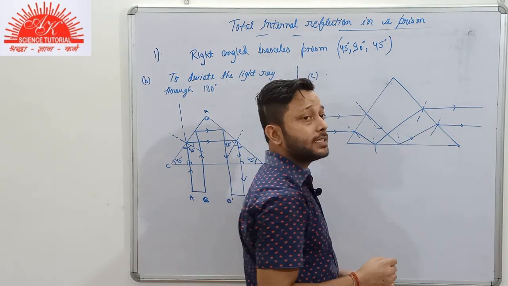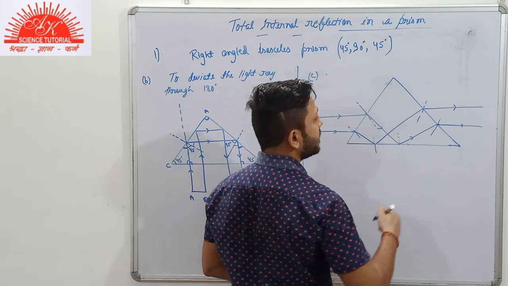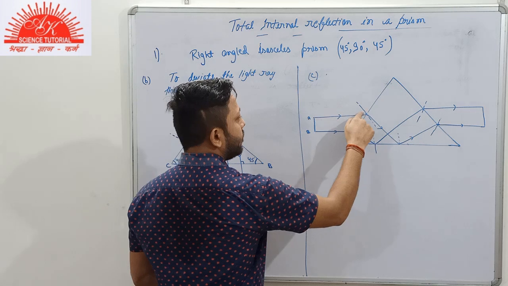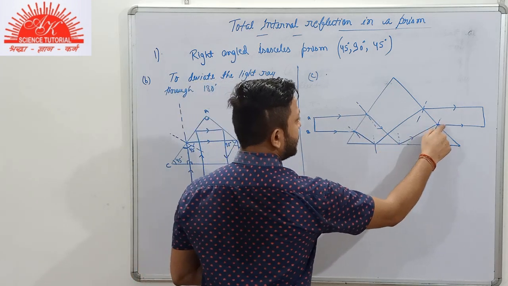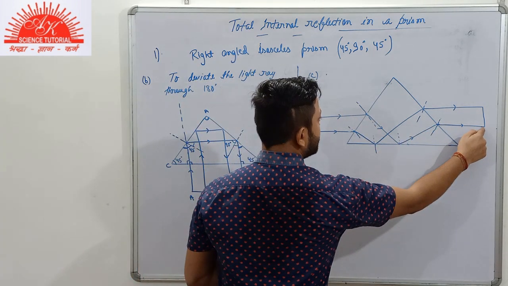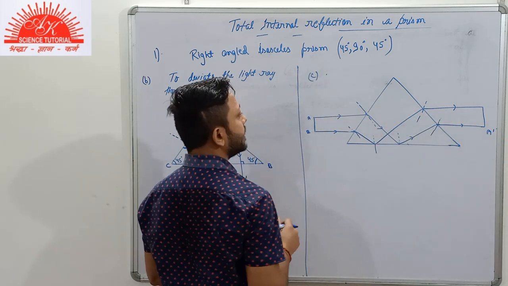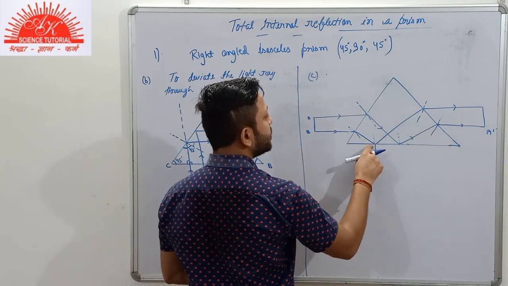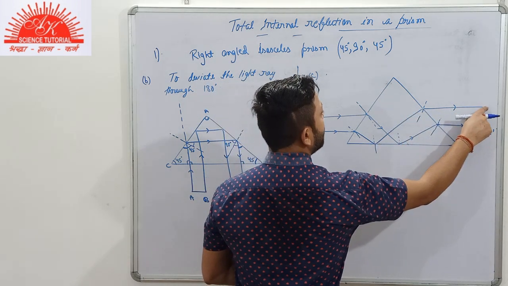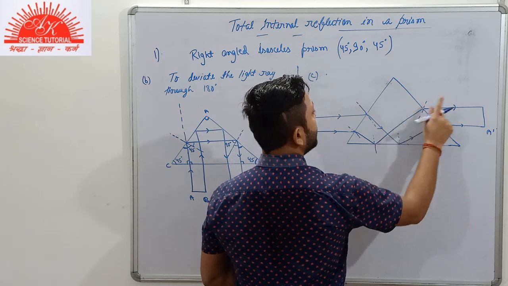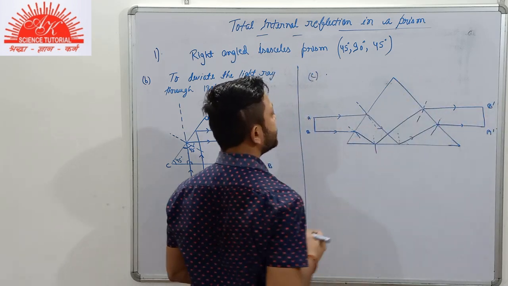The angle of incidence is less than the critical angle. Now as you can see, this light ray following this path emerges and comes at this position. So this is our image of A, that is A dash, and following this path the light ray emerges out at this position, so it must be the image of B, that is B dash.